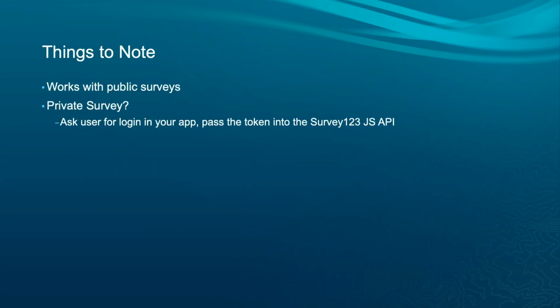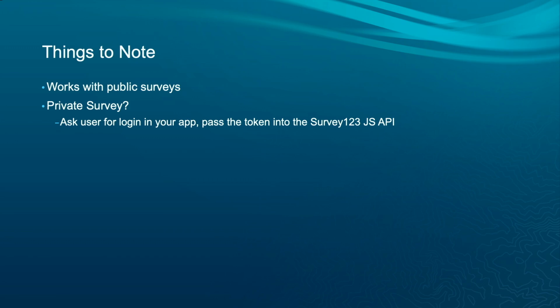And also, you may notice that in all the demos we are working with a public survey. Does that mean we cannot deal with private surveys? No, we can do that. But we need a token to access the private survey. The JS API doesn't provide a function to handle user login or logout to get the token.